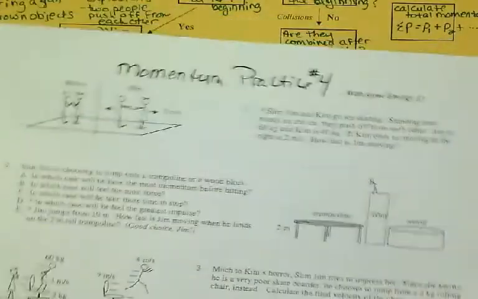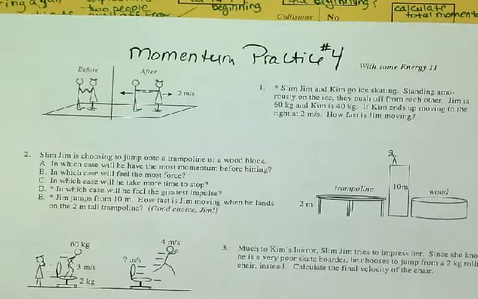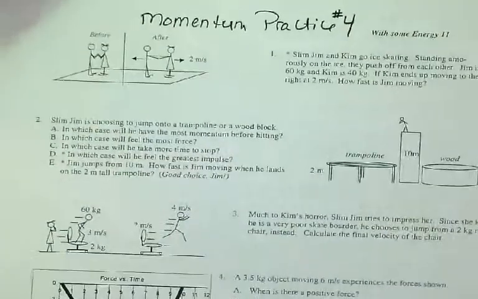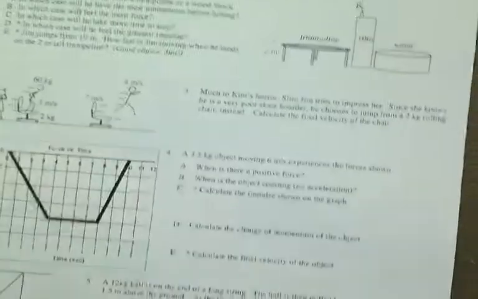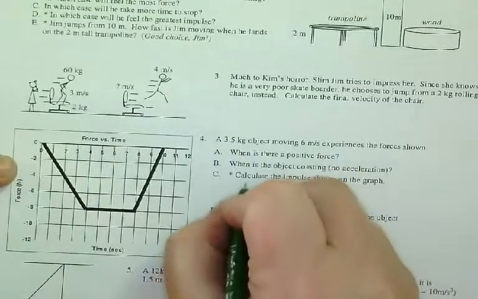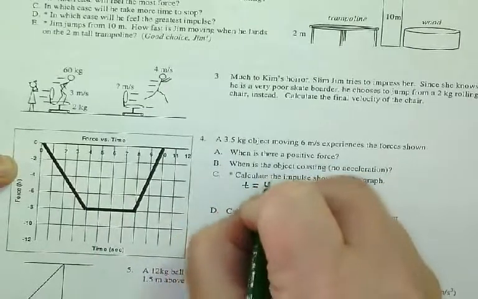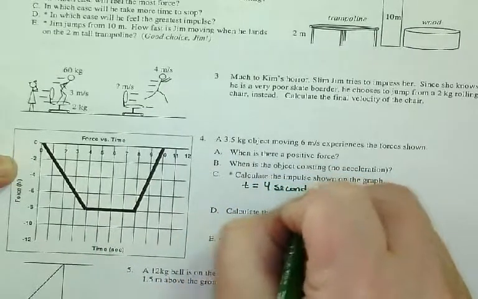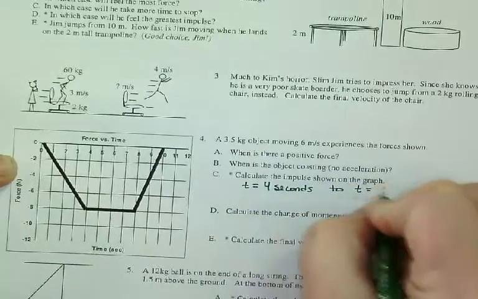Okay. All right. So momentum practice number 4. On the front, on number 4, when it says calculate the impulse, I want you to do it from the time equal to 4 seconds to the time equal to 8 seconds.